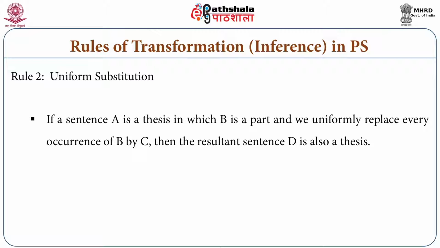Rule number 2 is called rule of uniform substitution. It says that if we have a complex sentence A and it is a thesis and one of its part is there, we call it B, then we can uniformly substitute its part B by C, and the resultant new formula that we get, which we may call D, is also a thesis.